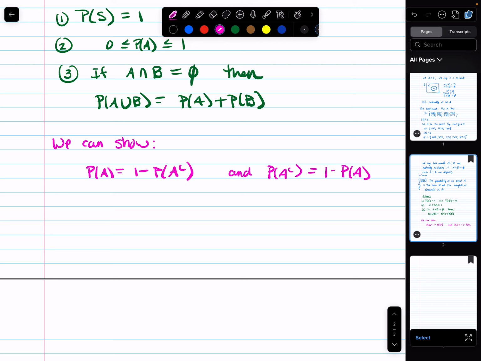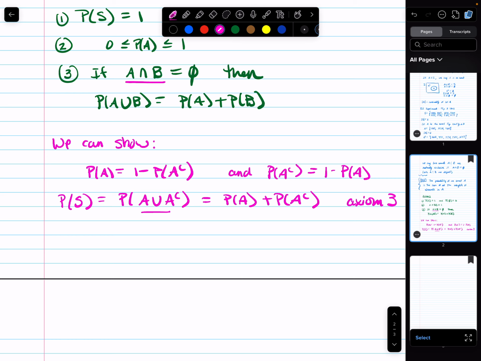Let's do a quick proof of that. All right, so the probability of S is equal to the probability of A union A complement, right? Because A union A complement is S. And this is by axiom 3, and we know that this union equals the sum because A and its complement's intersection is empty.